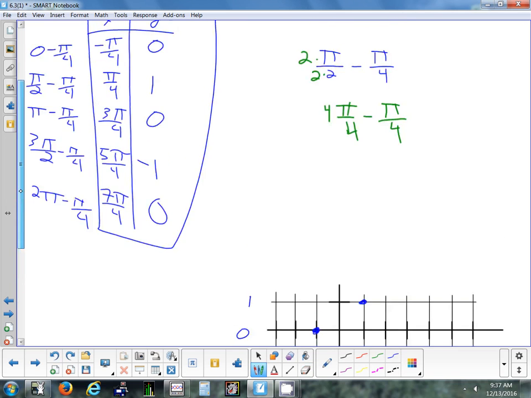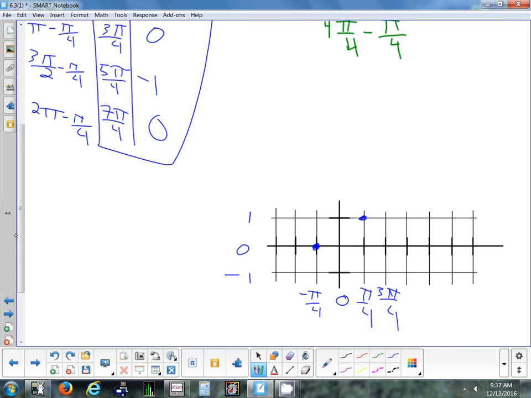If you put 3 pi over 4 there, this is what's going to happen. All of a sudden, my dots don't look nicely spaced. They're kind of stretched out here, and then they're going to be squished here. So make sure you keep the gap consistent. Okay? If you have to go over 2 between dots, you're going to go over 2 between dots all the way through. So that would be 5 pi over 4, and I need one more.